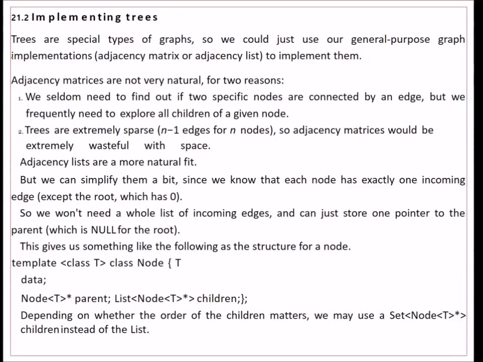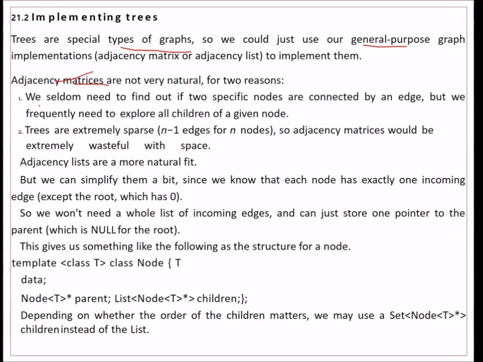We have seen the discussion about trees. As we have suggested, trees are a special type of graph, so we could just use our general purpose graph implementation, like an adjacency matrix or adjacency list, to implement them. Adjacency matrix, matrices being the plural of matrix, are quite not natural.